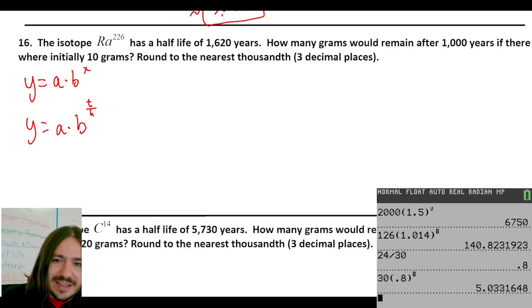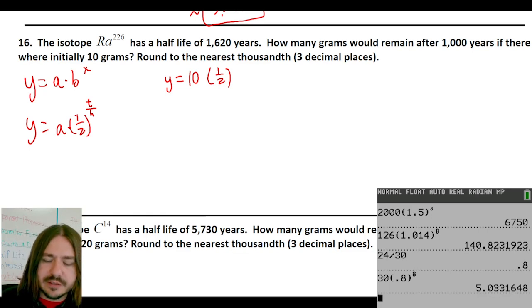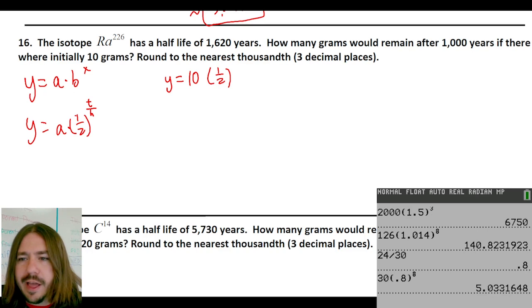So it says that the initial amount, there was 10 grams, so y equals 10 times 1/2, right? And actually with these half-life formulas, b will always be 1/2. To the power of, and let's see, we're going for 1,000 years, and the half-life is 1620, so 1,000 years over 1620, so not quite a full half-life.